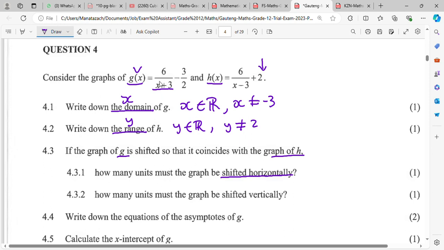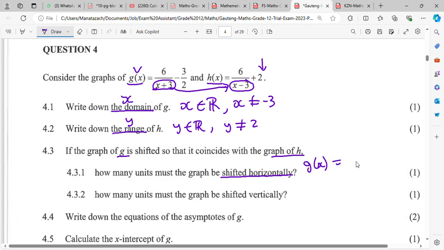So maybe in layman's terms, how can you change this x plus 3 so that it looks exactly like x minus 3? What changes would have taken place so that it looks like that? The change would be, I think you would agree with me, to shift it horizontally.